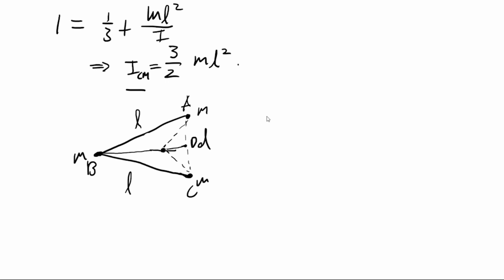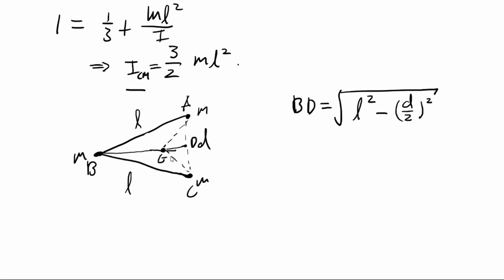So we have the length BD is equal to the square root of L squared minus D over 2 squared. And we also have the length, I'll call this G, BG is equal to 2/3 BD, which I'm not going to rewrite.